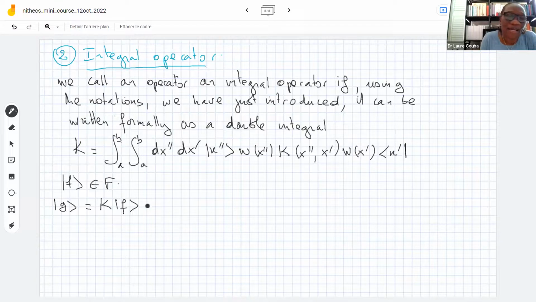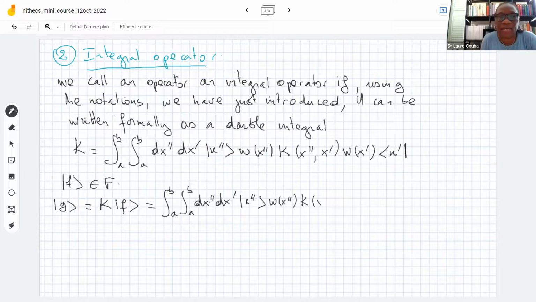And that is equal to, let me just rewrite that, the integral from a to b dx second dx prime, x second omega x second k x second x prime omega x prime, x prime inner product f.